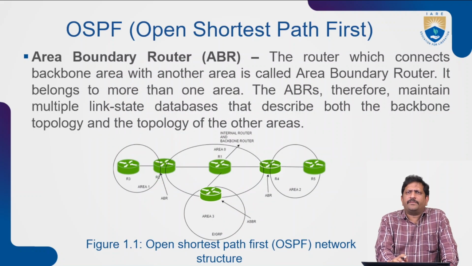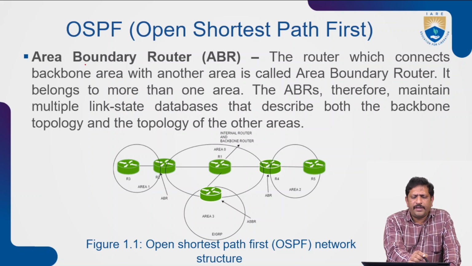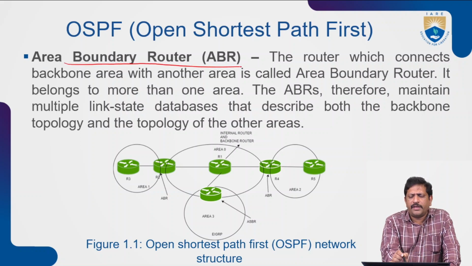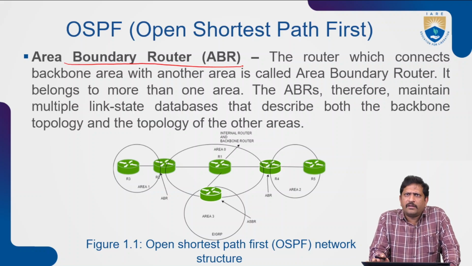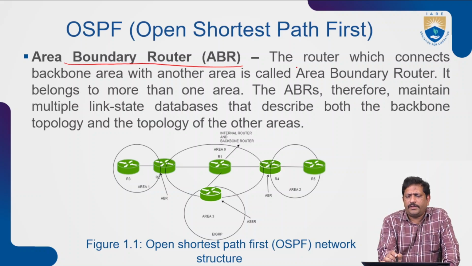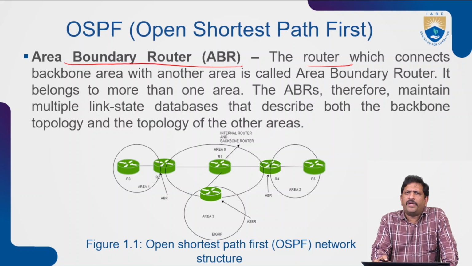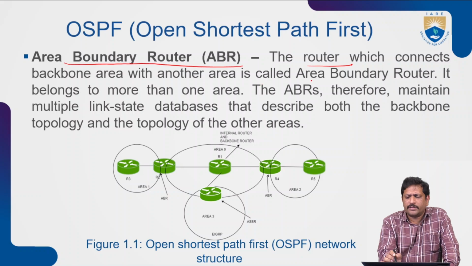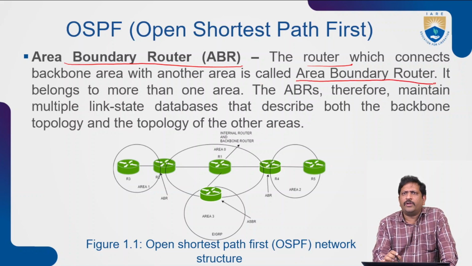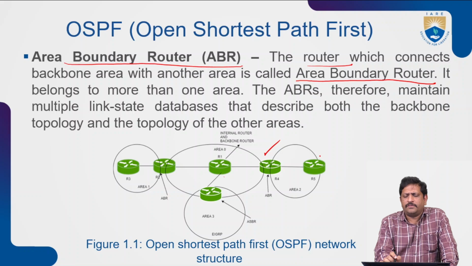Area boundary router, ABR. The router which connects the backbone area with another area is called an area boundary router. So here it is an area boundary router, connecting the backbone router and other routers.